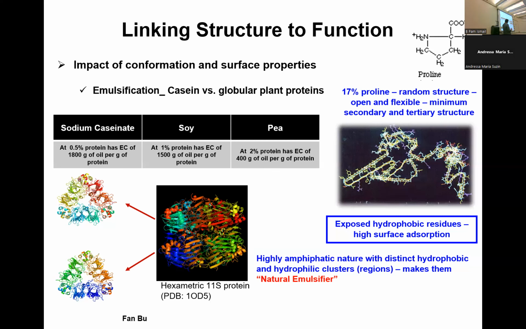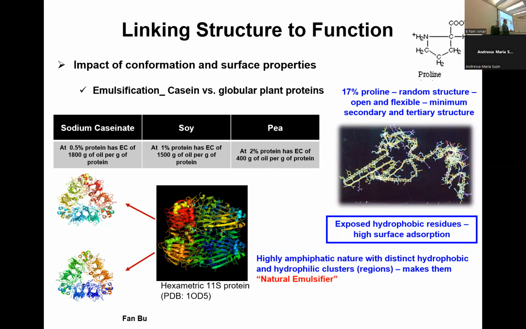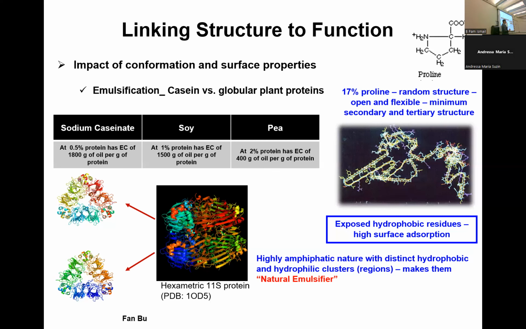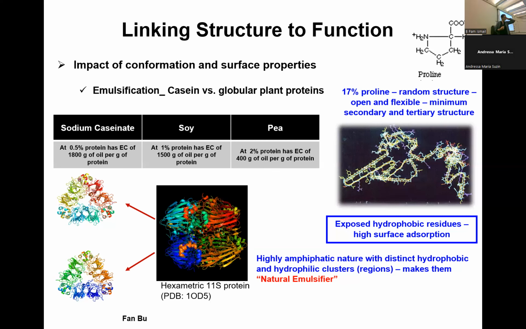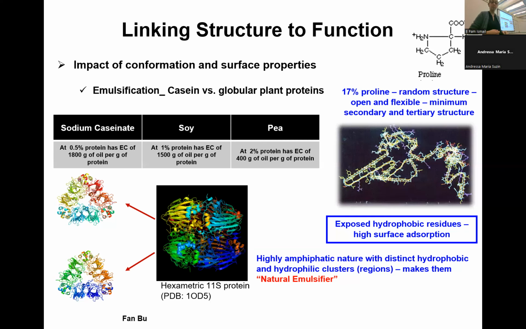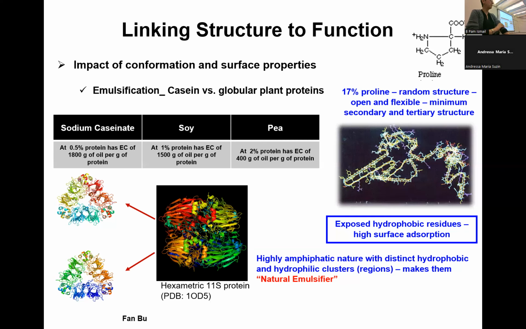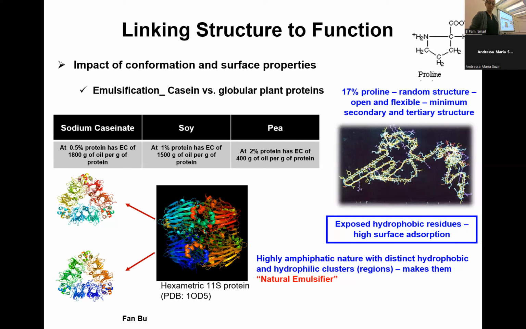Even though we denature those plant proteins with homogenization, they're not as flexible as the casein. So therefore, you don't have as much emulsification capacity as the casein. Other questions there? Okay.